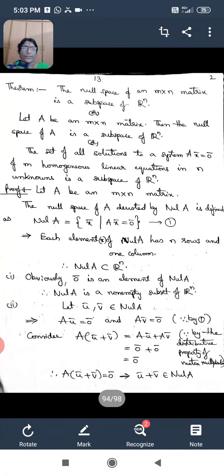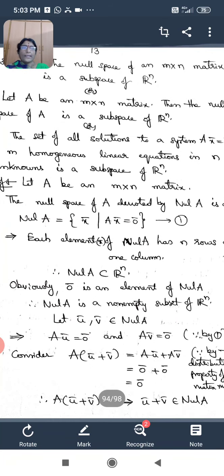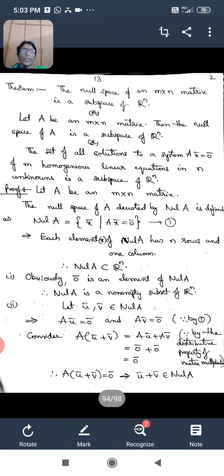That means u bar plus v bar when multiplied to the matrix A gives rise to the zero vector. But this is the condition which should be satisfied for a column vector to be in the set null A. So A times u bar plus v bar is equal to 0 bar gives us that u bar plus v bar belongs to null A.